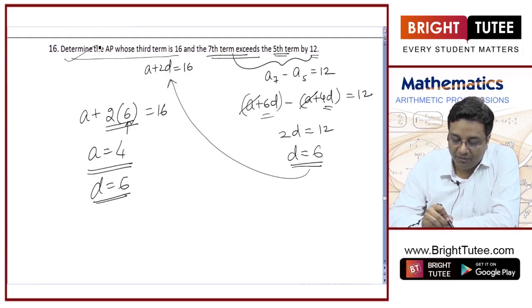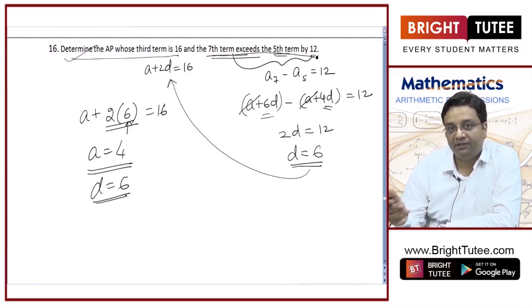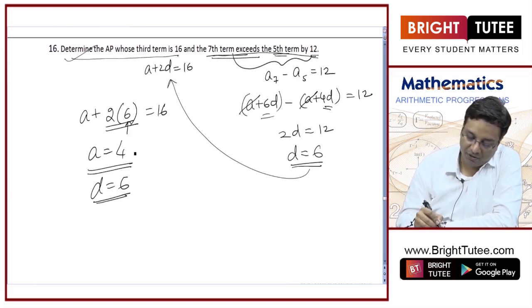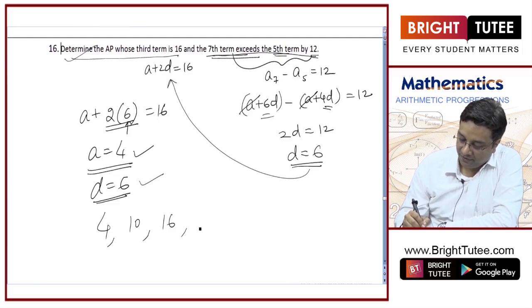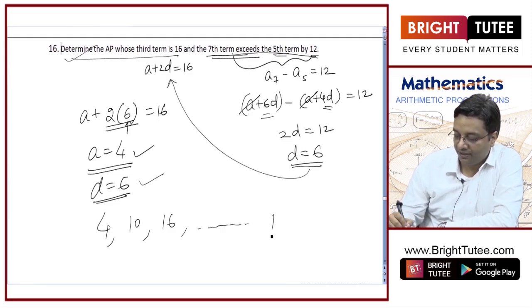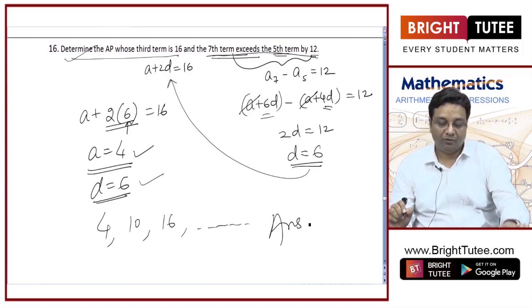I just need to determine the AP whose third term is this, and whose 7th term exceeds the 5th term by 12. I have got the first term and common difference. So the AP is 4, 4 plus 6 is 10, 10 plus 6 is 16, and so on, right? So this is your answer. Okay, so let's move on.